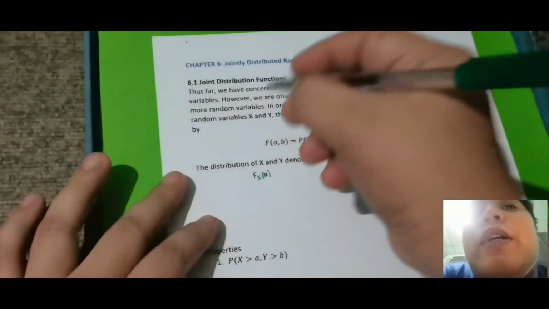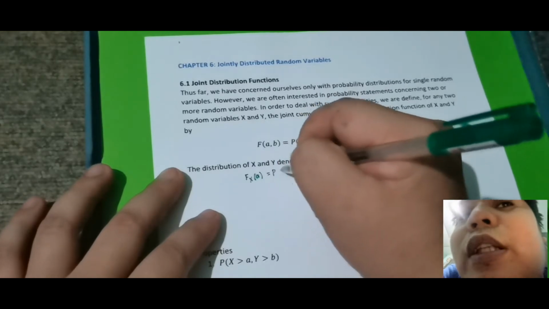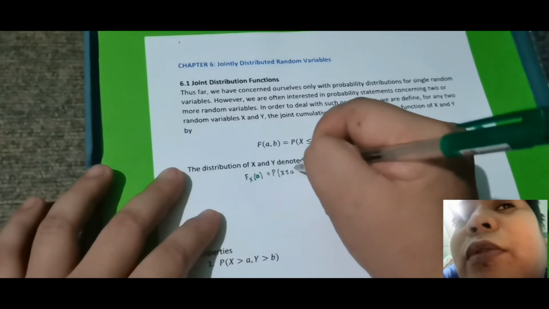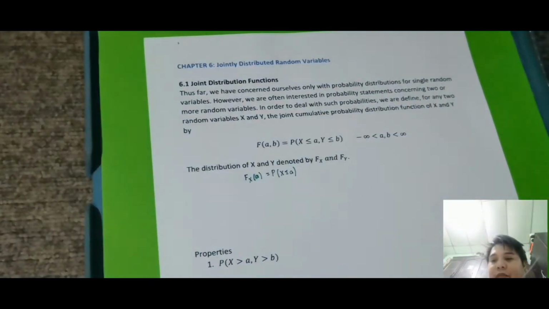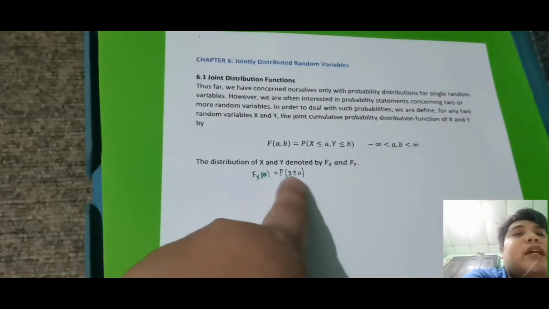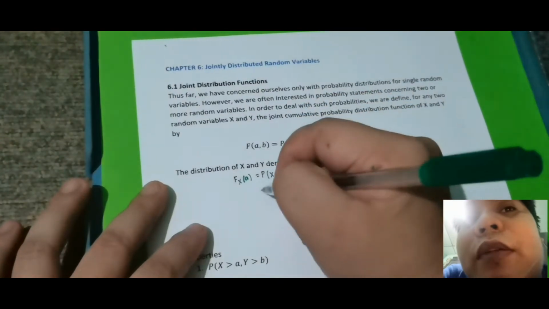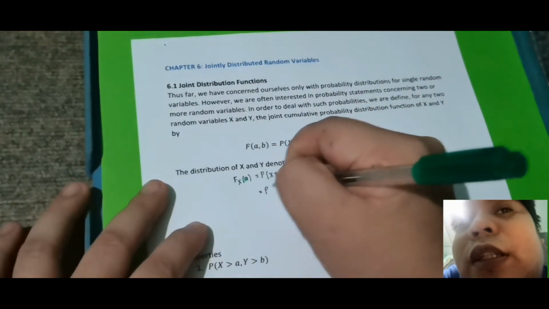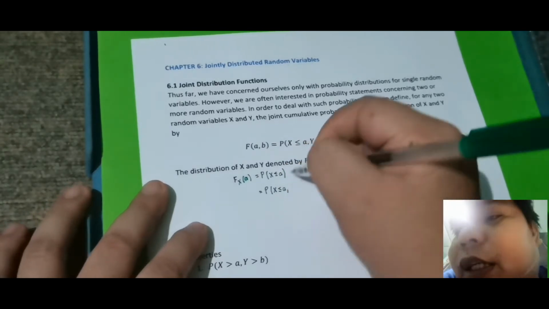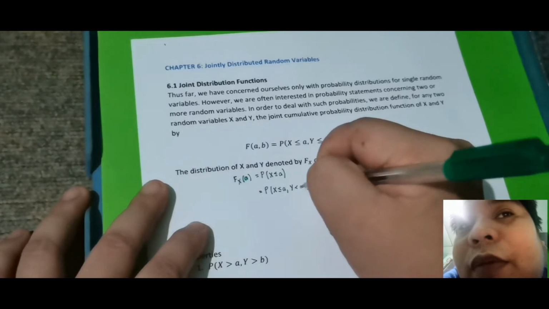Based from our previous study, this is just the probability of X less than or equal to a. Now, applying yung nasa taas, ipapalitan ko lang yung nasa taas. So this is just equal to the probability of X less than or equal to a, Y less than infinity.